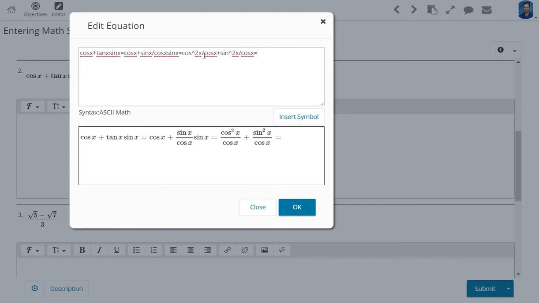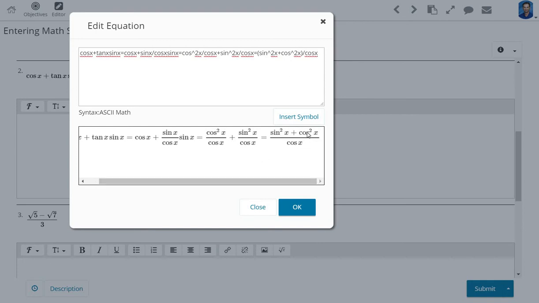Equals, now I'm going to do a parenthesis here, sine squared x plus cosine squared x all over cosine x. And notice the reason I did parentheses there was so that the sine squared and cosine squared would both be in my numerator.